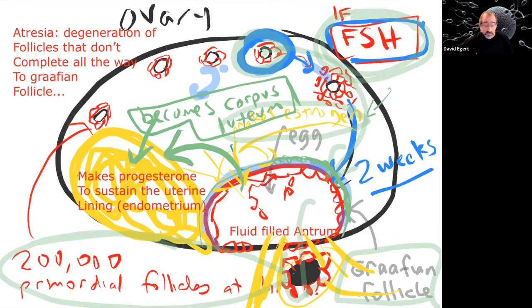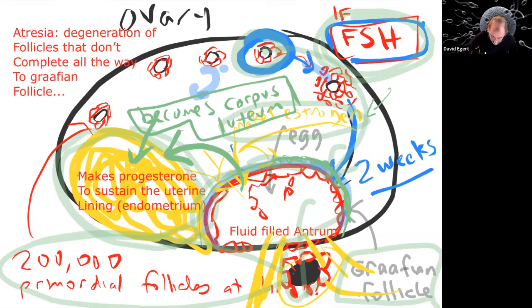The egg goes off. The remainder of this follicle becomes the corpus luteum, which is now making progesterone, sustaining the endometrium in case there's a potential pregnancy. If there's no pregnancy, the corpus luteum degenerates, becomes the corpus albicans, and the process is basically going to start again. So we'll come back here.